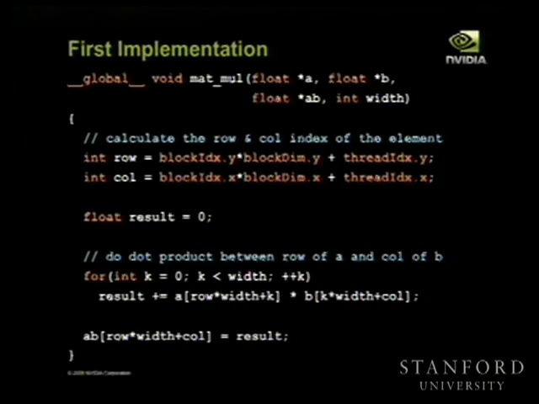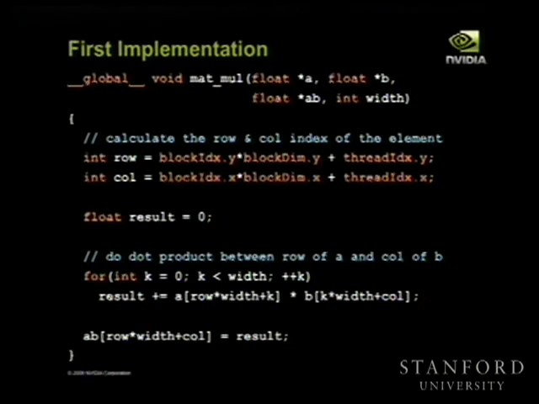So we're going to allocate a register variable, call it result, and initialize it to 0. And we're going to be summing up a bunch of multiplies into this variable. And then finally, we're just going to implement the dot product with a for loop in the kernel. That's perfectly fine to do. We're allowed to use for loops in a kernel. And it's pretty simple.